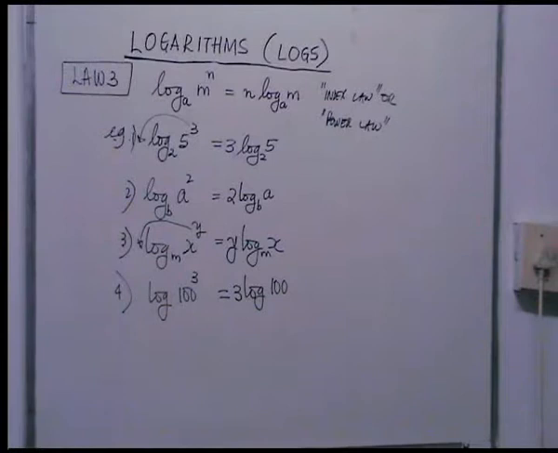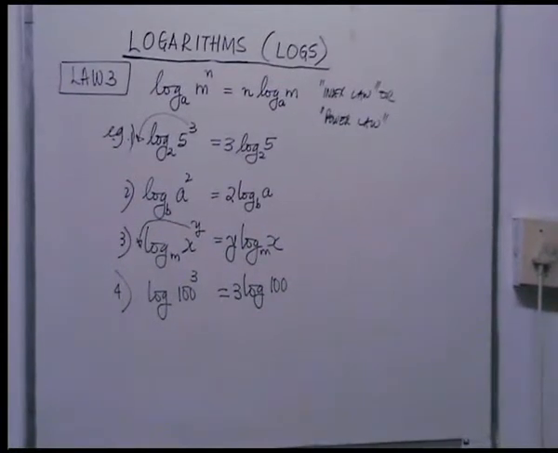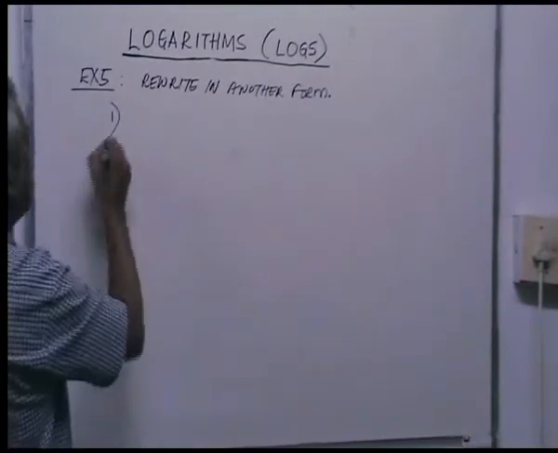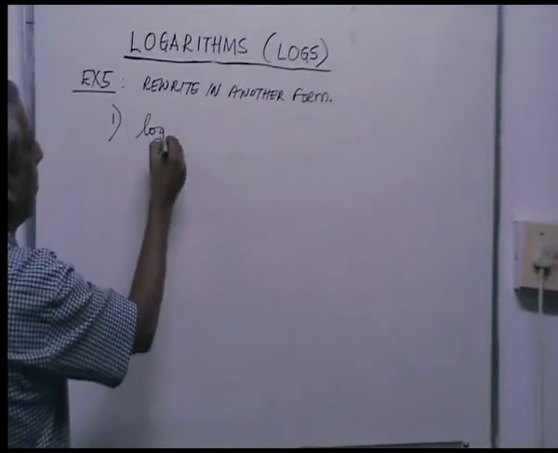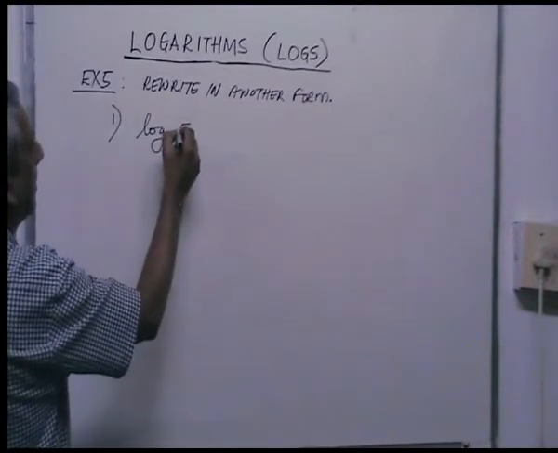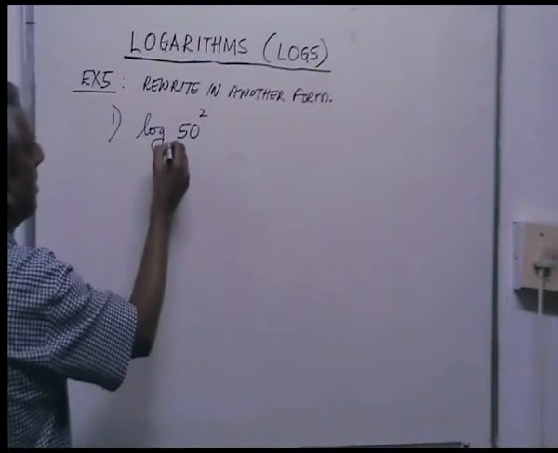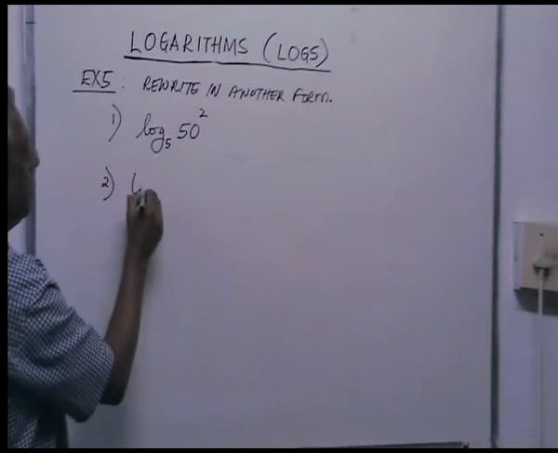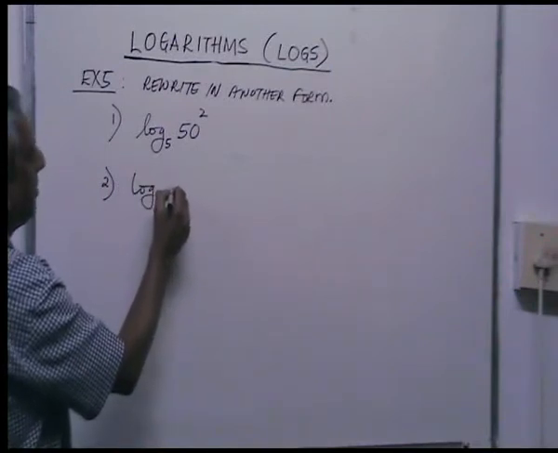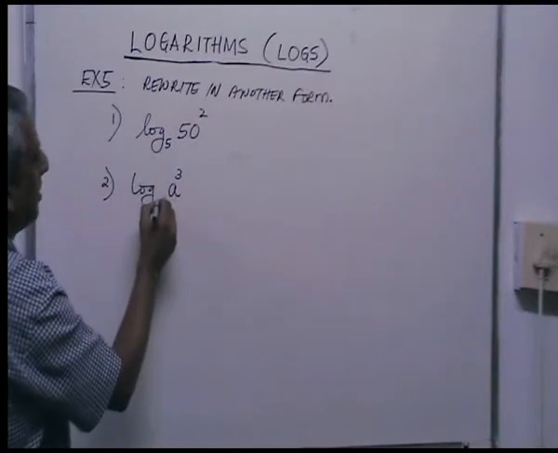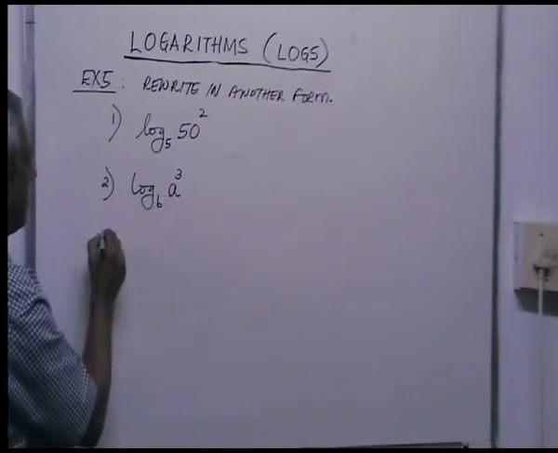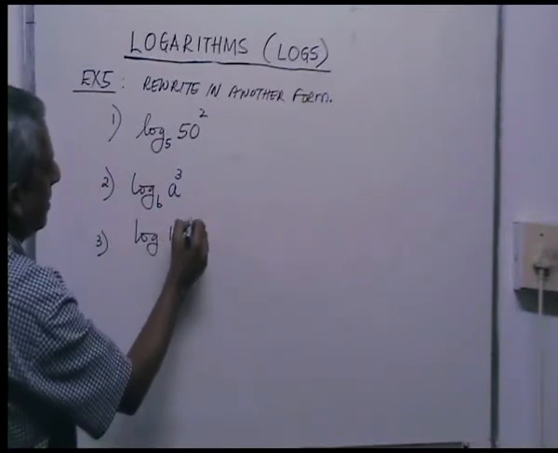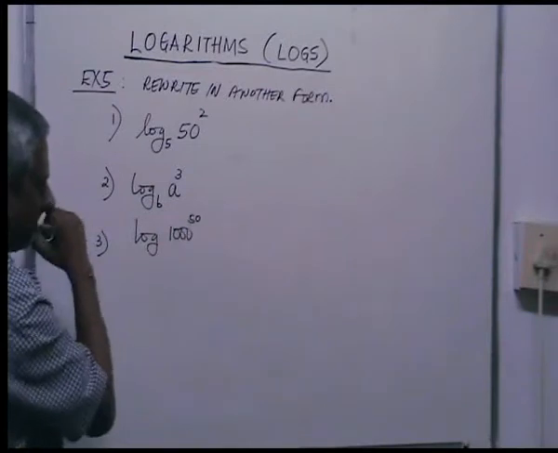So what I'm going to do now is give you a little exercise to practice law number 3. Right, number 1, the log of 50 squared to the base 5. Number 2, the log of a cubed to the base b. Number 3, the log of 1000 to the 50.